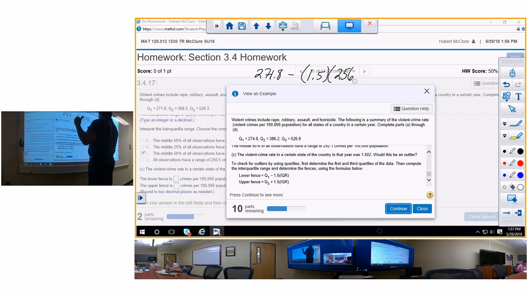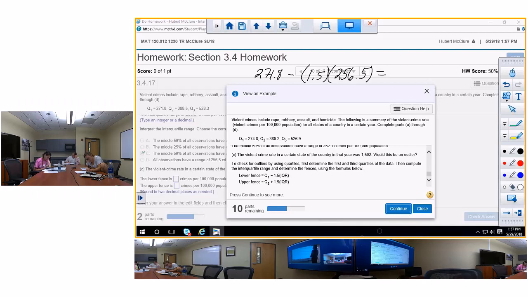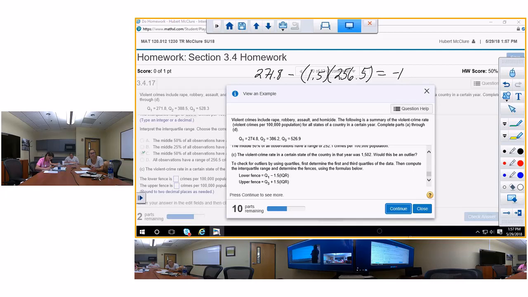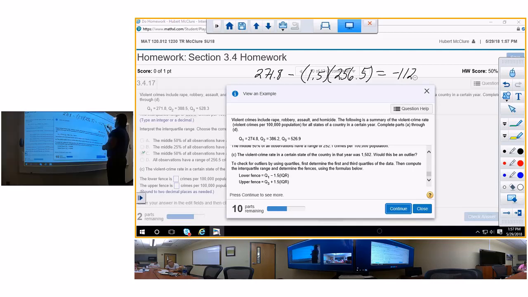I heard 256.5. And somebody tell me what that number is. 271.8 minus whatever that number is right there. Well, 1.5 times 256.5. Half of 256 is... I'm sorry, what? 0.95. Y'all are learning. You're getting louder and you're more good.